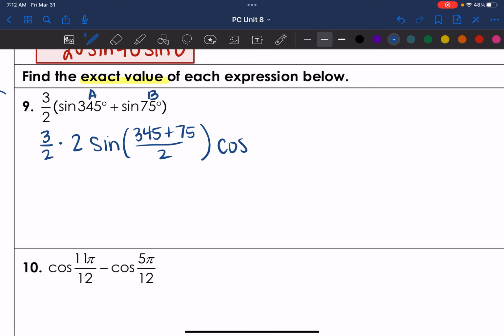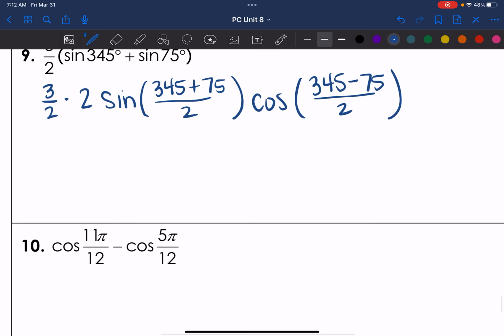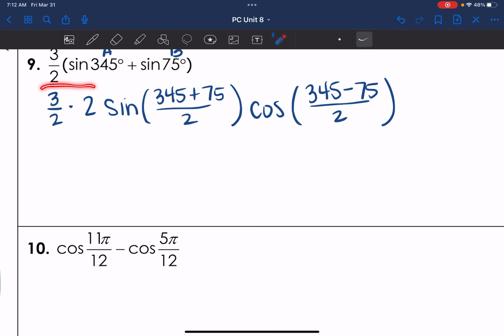So cosine of 345 minus 75 divided by 2. Okay, so that's the basic identity, but now let's simplify what we can. 3 over 2 times 2, remember that whole numbers, so that 2 technically has an invisible 1 underneath. So we'd cancel out those 2's, and all I'm left with is the 3. So I have 3 sine.